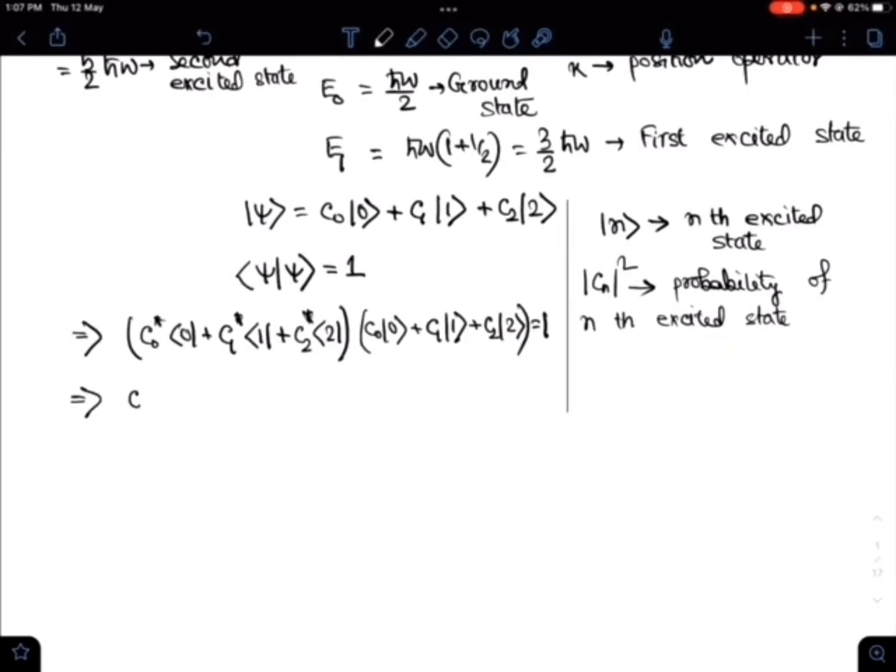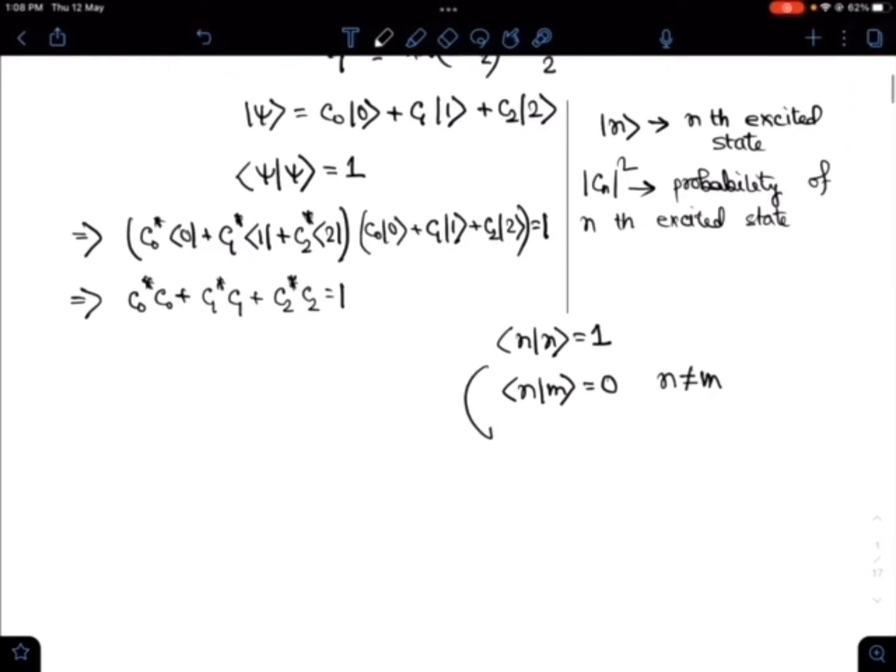So we get C0 star C0 plus C1 star C1 plus C2 star C2. Why am I writing this? Because the inner product of n and m is zero where n is not equal to m.